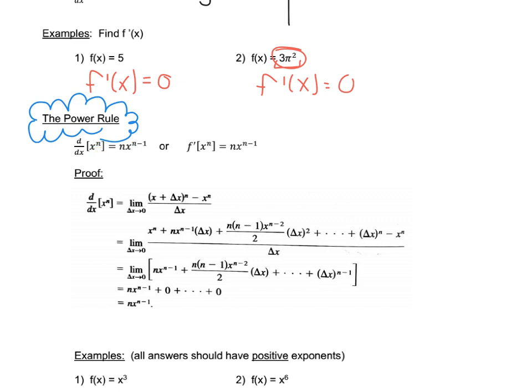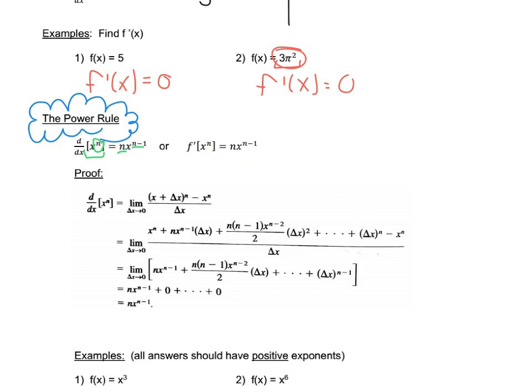So the derivative of x to the n comes down front, it's now the coefficient of x, and the new power of x is just 1 less than whatever it began with. And this right here is just the same thing written as f prime of x.